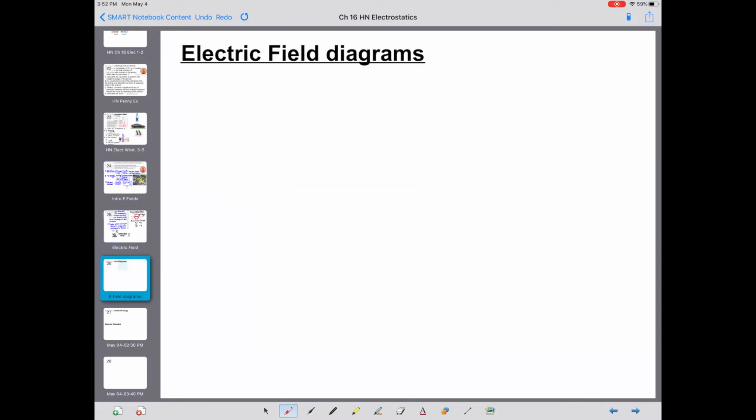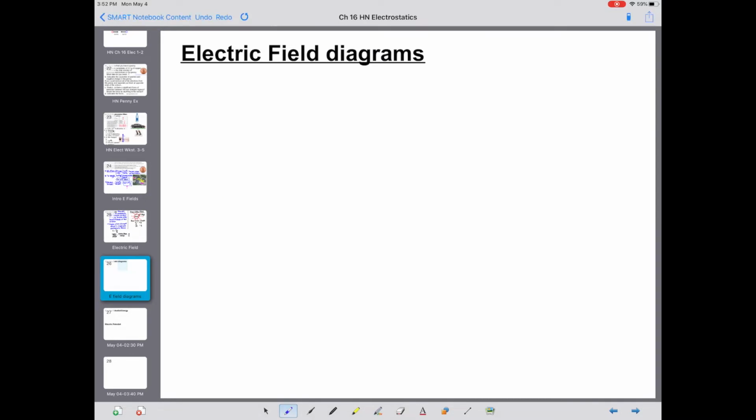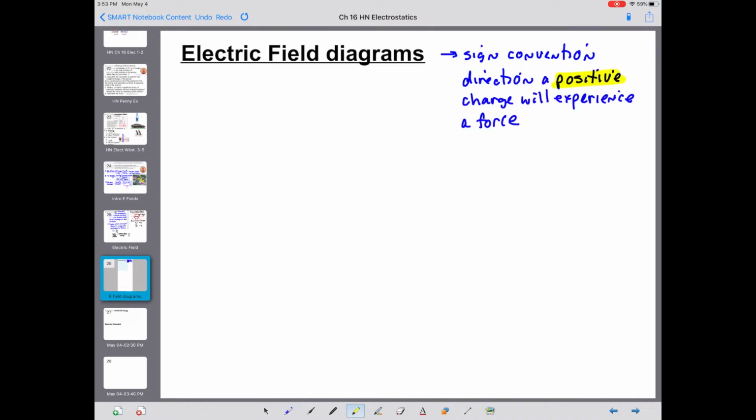Well, similarly, we can diagram electric fields. We got two different kinds of charges here, so then there has to be a sign convention, and the basic way we determine what direction we're going to put those arrows is basically the direction a positive charge will experience a force.